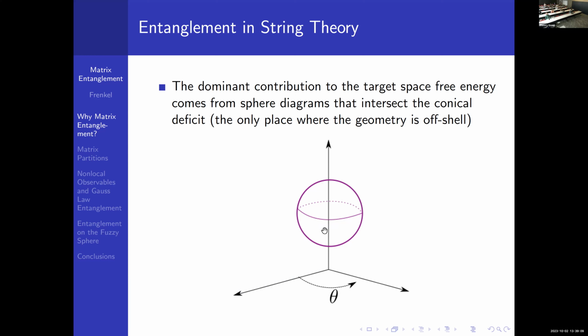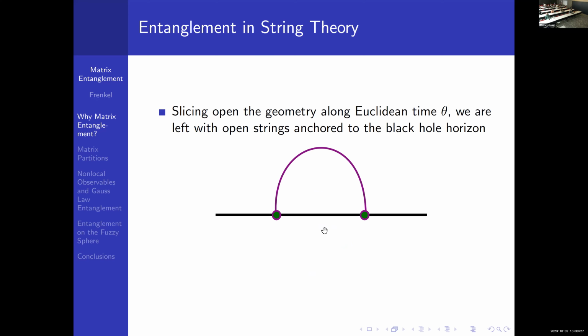And what they suggest, the cartoon that they draw, is that once we have a Euclidean time to understand the microstates on one side of the black hole, you should cut this diagram open along Euclidean time to find a picture that looks like some sort of states. And if you do this, you find this sort of cartoon where you are left with some open strings that are anchored to the point where the conical deficit angle pierced through the sphere.